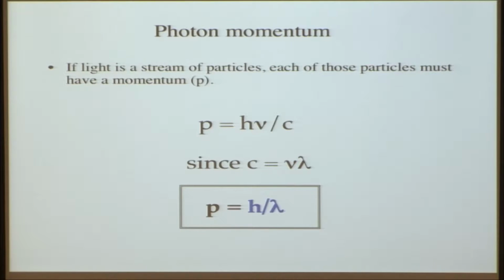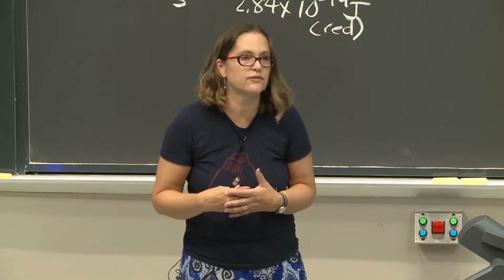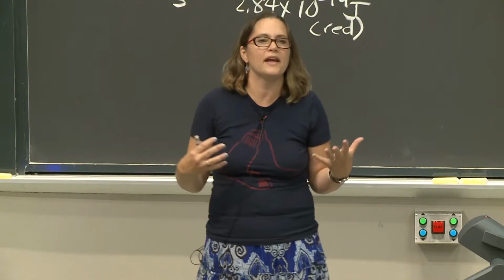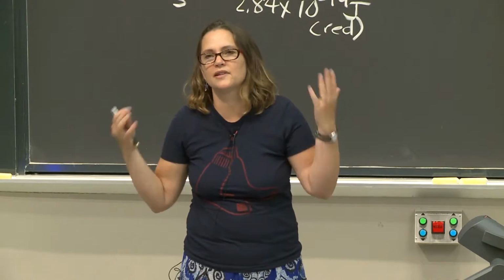So momentum, or p, is equal to Planck's constant times the frequency divided by the speed of light, c. And since the speed of light is equal to the frequency times the wavelength, the momentum should be equal to Planck's constant divided by the wavelength. So we're talking about momentum in terms of wavelength, this inverse relationship.